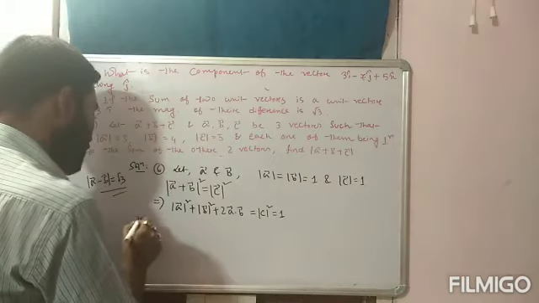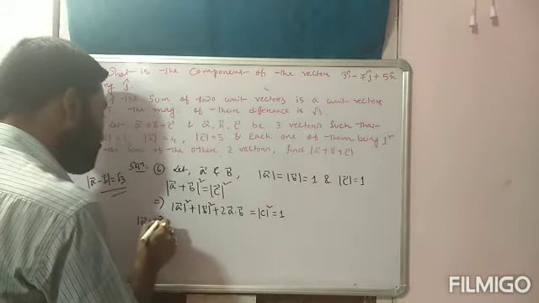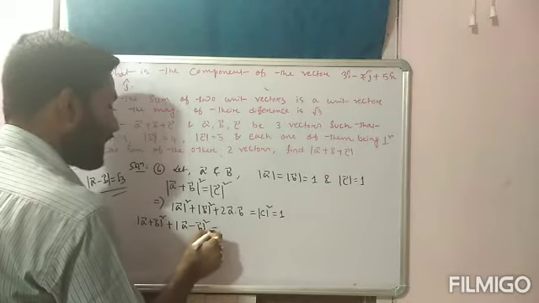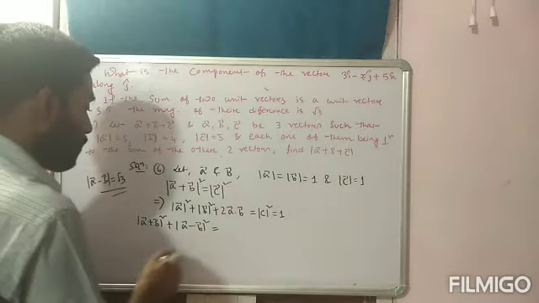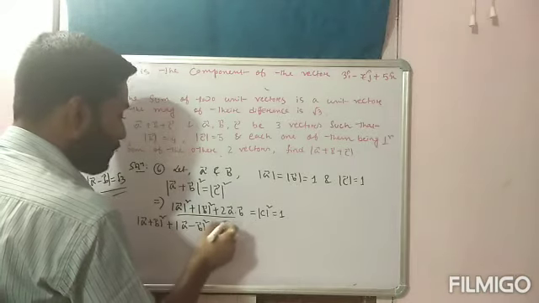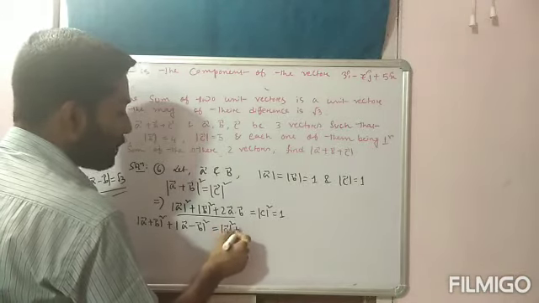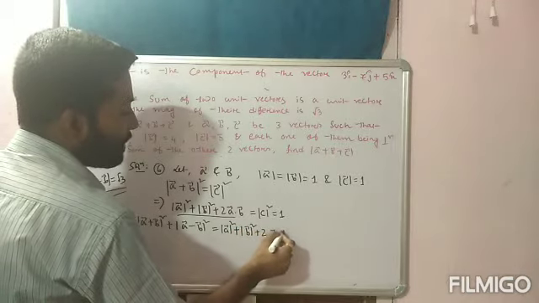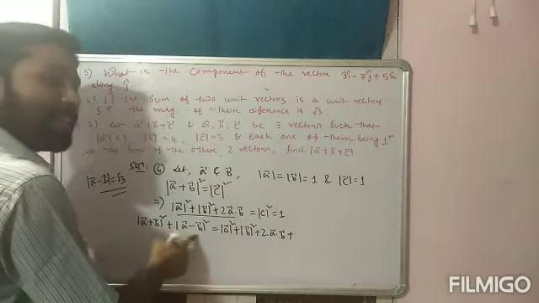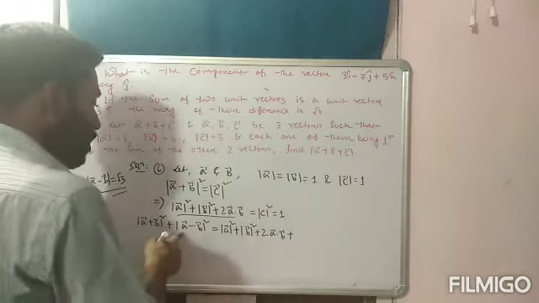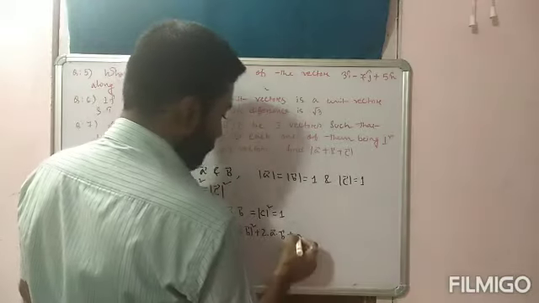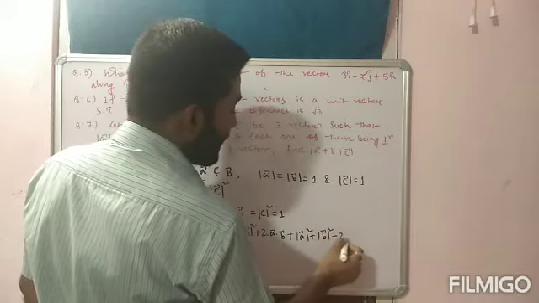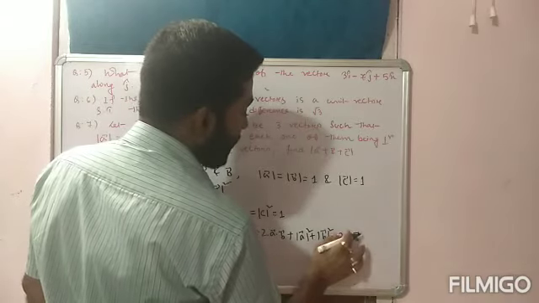Now, mod of a bar plus b bar whole square plus mod of a bar minus b bar whole square is equal to, what can we write? Mod of a bar plus b bar whole square means mod a square plus mod b square plus 2 a bar dot b bar, plus mod of a bar minus b bar whole square, that is mod a square plus mod b square minus 2 a bar dot b bar.